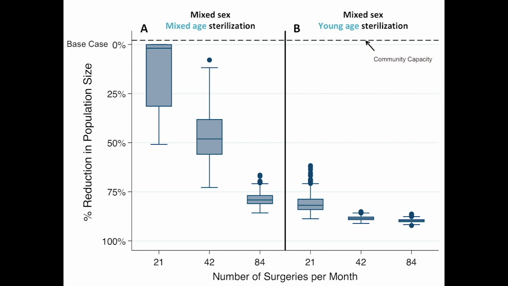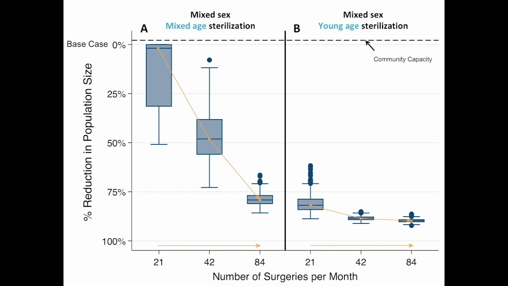So these are the results for the interventions that target both female and male dogs. In panel A, we have the impact of mixed-sex, mixed-age sterilization after 20 years at the 3 levels of surgical capacity. And in panel B, we have the impact of mixed-sex, young-age sterilization after 20 years, also at the 3 levels of surgical capacity.